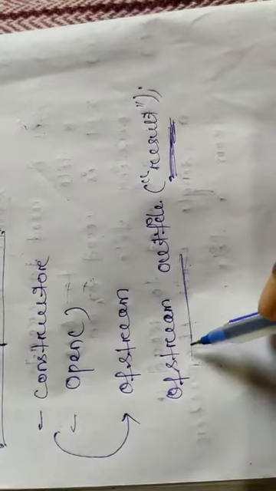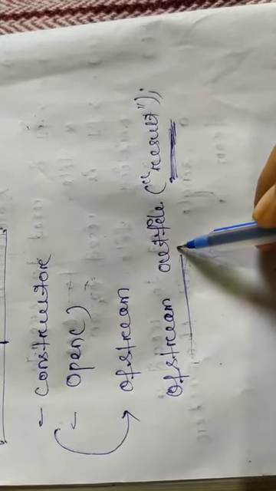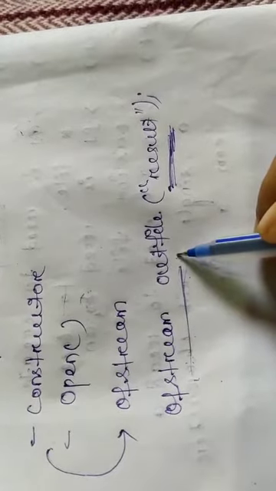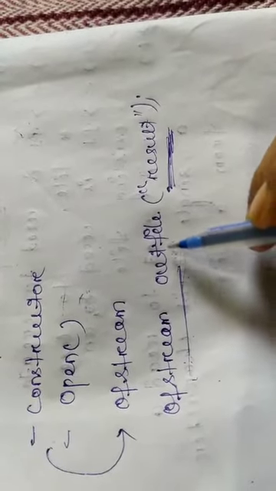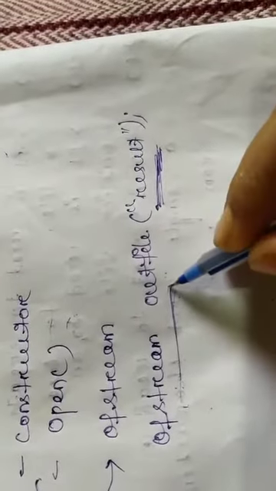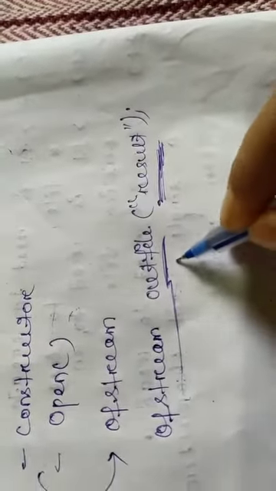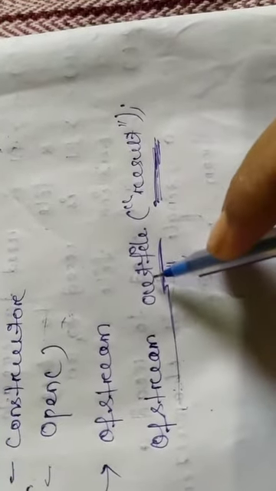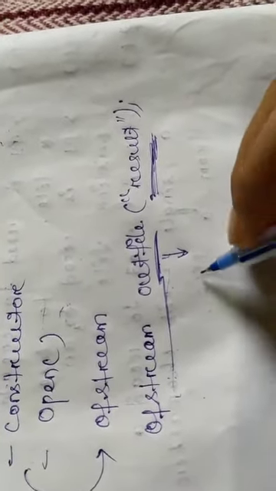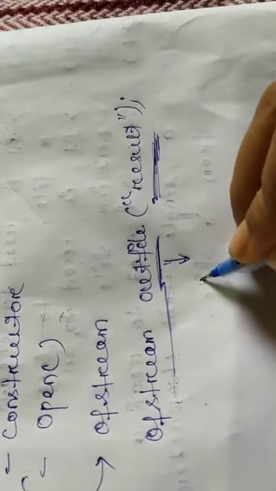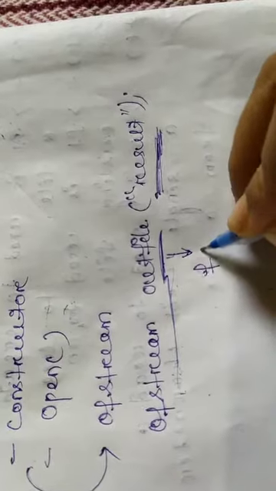So this creates outfile as an ofstream object. This is a class and this is the object which manages the output stream. This object can be given any valid C++ name. There are some specific names you can provide for the object, like outfile or fout.